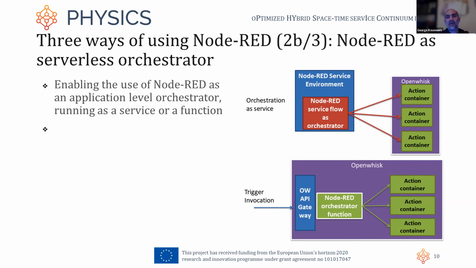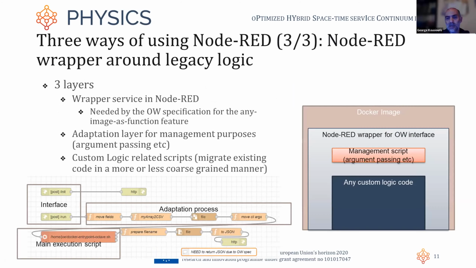And the third way is to use it as a generic wrapper around legacy logic. So imagine that you have your own image. You don't want to spend a lot of time migrating to the FaaS model, but you want to exploit the benefits of this execution. So what you can do is take your baseline image, enhance it with the Node-RED environment, and then create an adaptation flow on top of that.